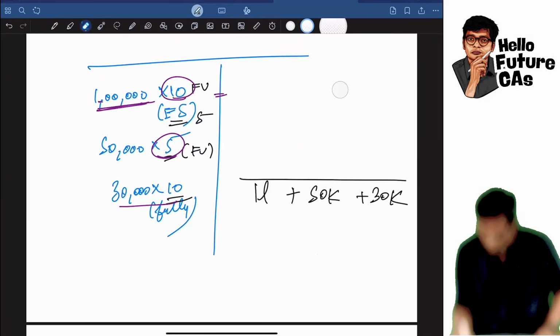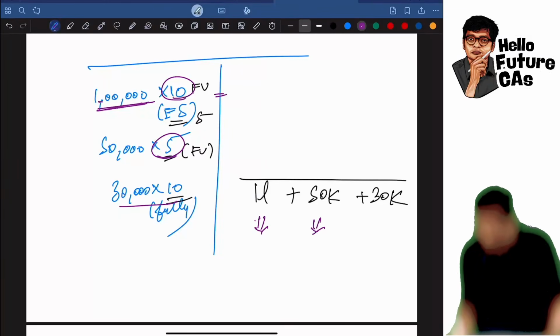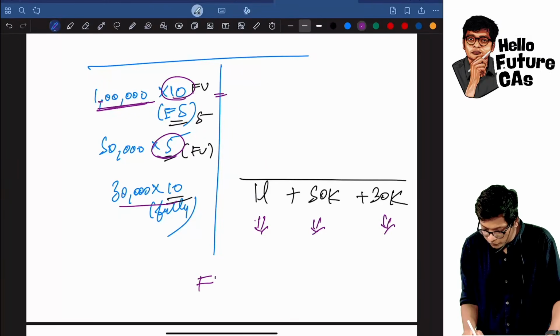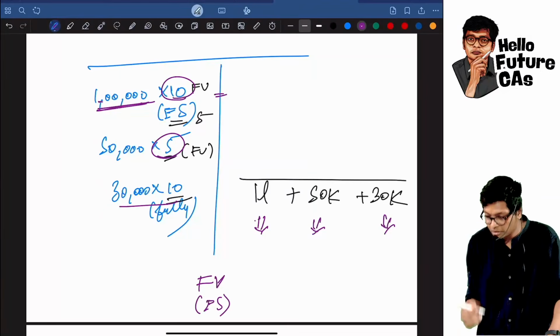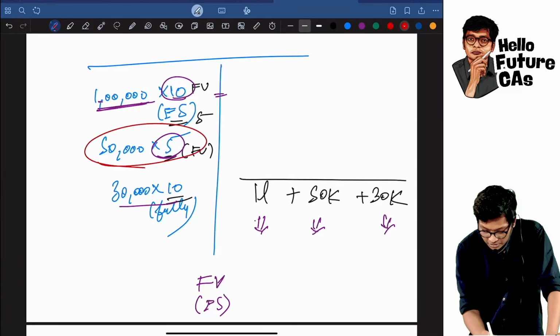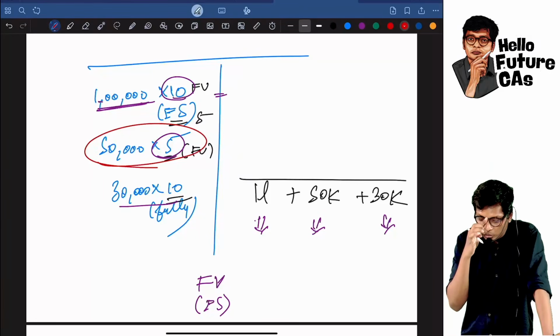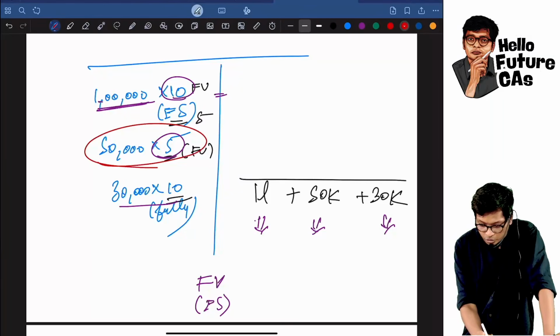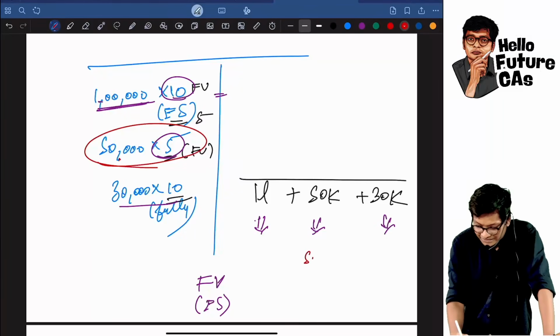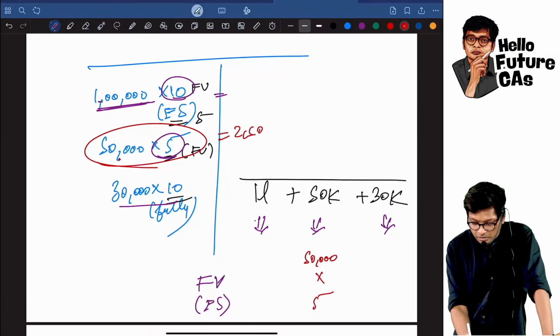Okay, see, the ideal thing is all the shares should be converted into face value of rupees 5. Okay, so if I take this one first, 1 lakh into 10 by 5, got it. Second one, 50,000 will be the same, 50,000 shares into 5, which will equal 2 lakh 50.